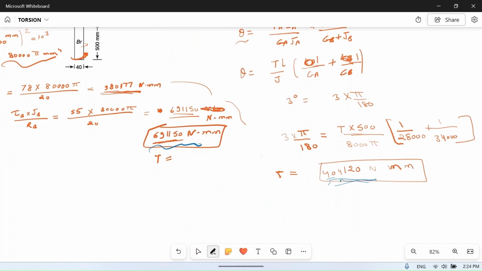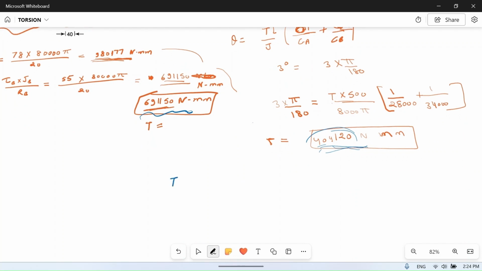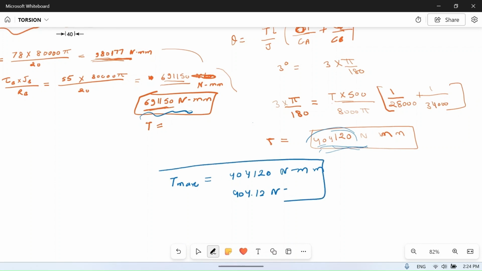So we cannot apply a torque more than this, so we have to select the minimum value. So the maximum torque which fulfills all the conditions is 404,120 Newton mm, or 404.12 Newton meter. So this is the answer.